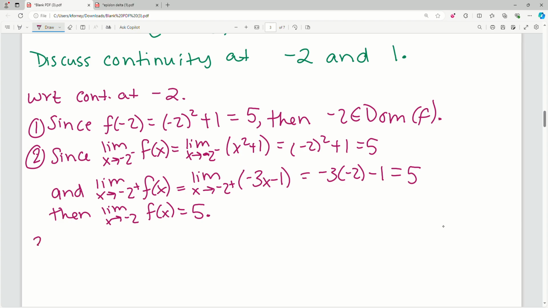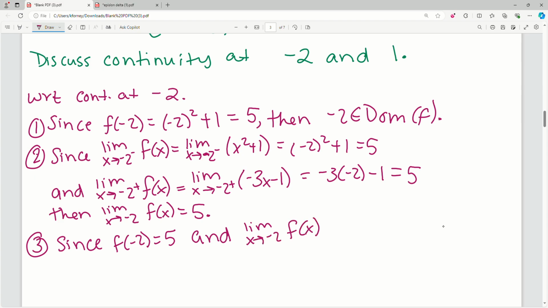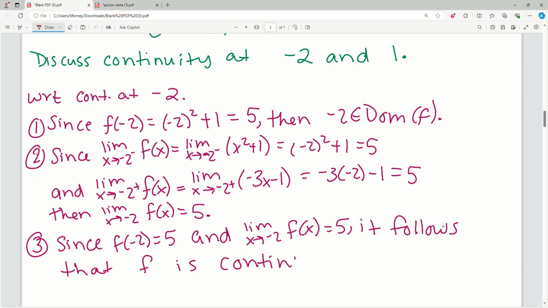So our third piece is just to say, since f of negative 2 is 5 and the limit as x approaches negative 2 is 5, it follows that f is continuous at negative 2.